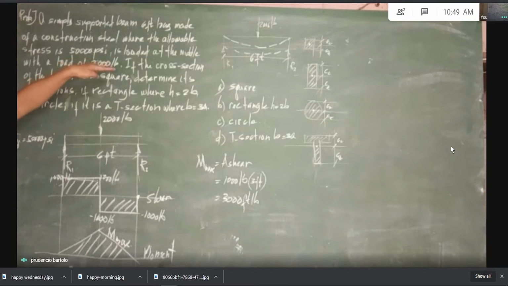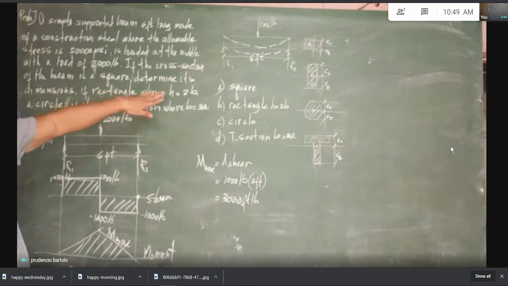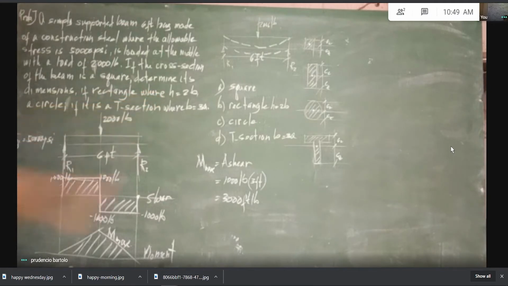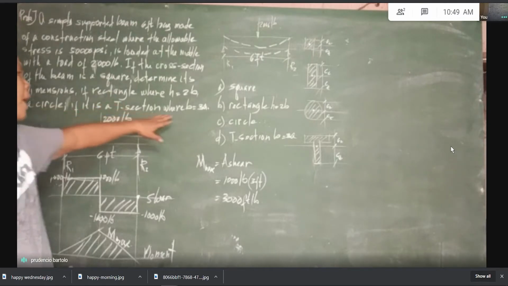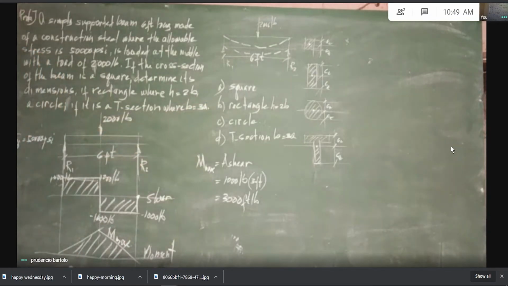If the cross section of the beam is a square, determine its dimension. If it is a rectangle where x is equal to 2b, or if it is a circle. Now, if it is a T-section where b is equal to 3a.